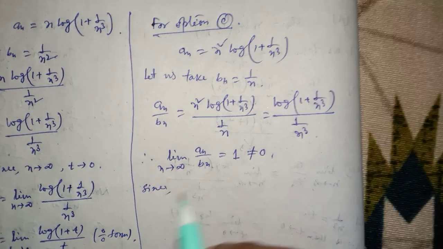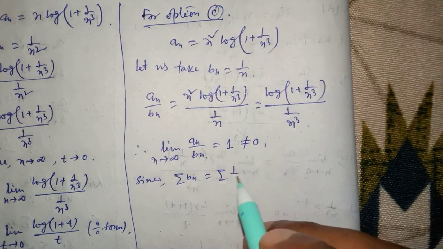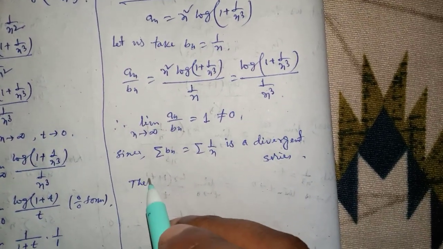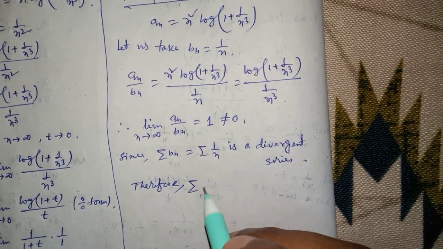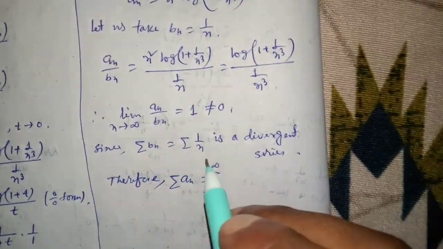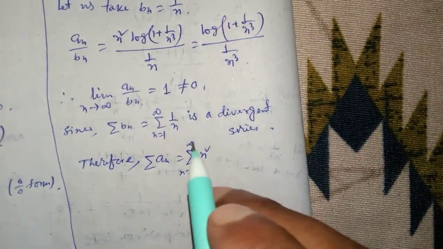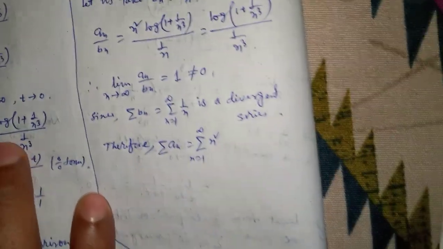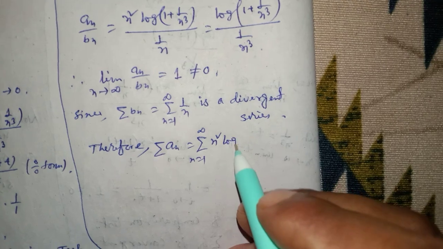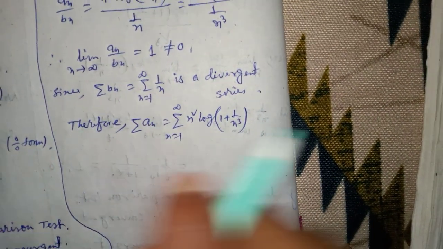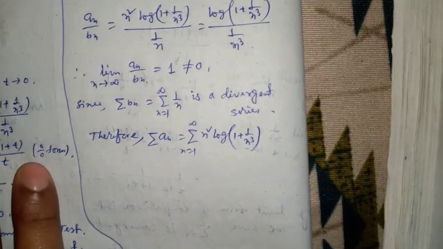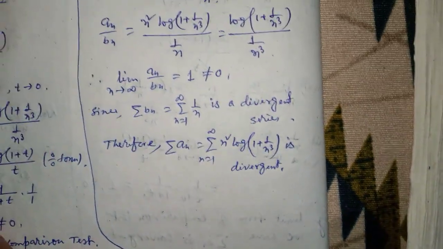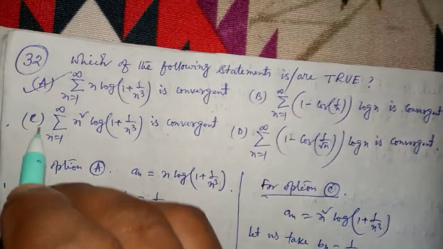Since summation bn is equal to summation 1 by n is a divergent series, therefore summation an is equal to summation n equal to 1 to infinity n square log 1 plus 1 by n cube is divergent. Therefore option C is false.